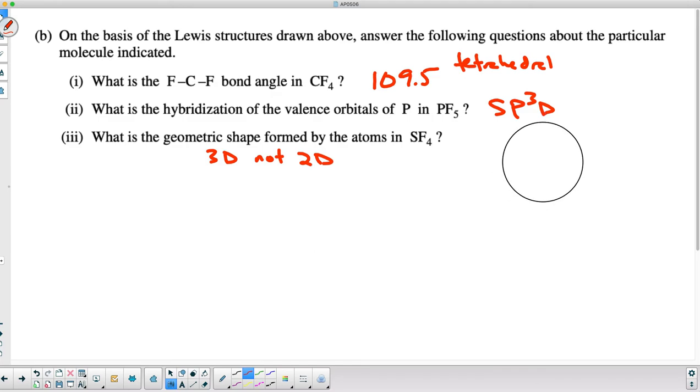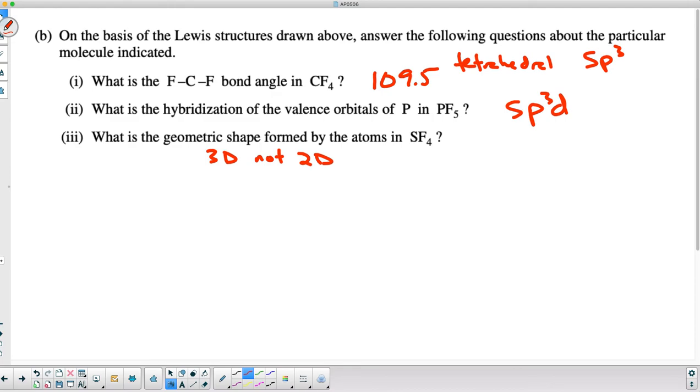They usually do this with small letters, sp3d, like that. Okay? Notice that the hybridization for a tetrahedral always is sp3. We're missing one of the bonds because it's 4 bonds, 1 s and 3 p's, instead of 5, which is 1 s, 3 p's, and 1 d.